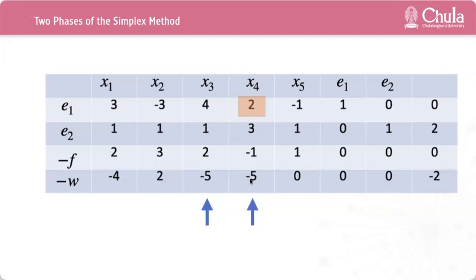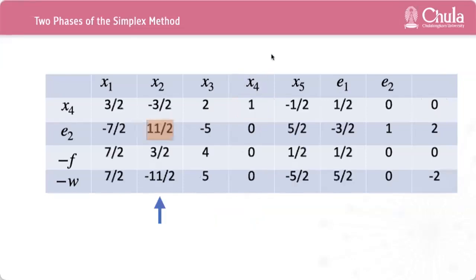For x3, x4, they are both -5, so you can select x3 or x4 if you want, but I want x4. So which one to remove? You consider B over A again, and then you select this one. That means we introduce x4 as our basic variable, and we remove E1 out.